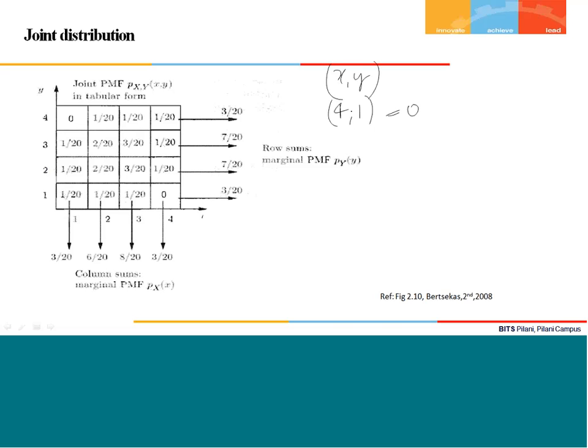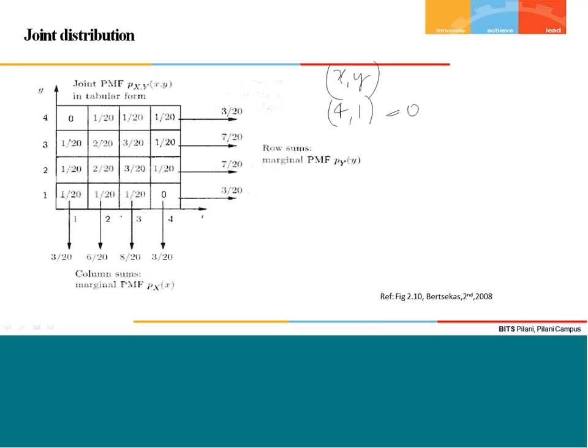Likewise for every pair there is a probability, and the sum of all these numbers in these boxes must be 1, because this is a mass function. The distribution means that the sum of all the probabilities in that distribution should sum up to 1.